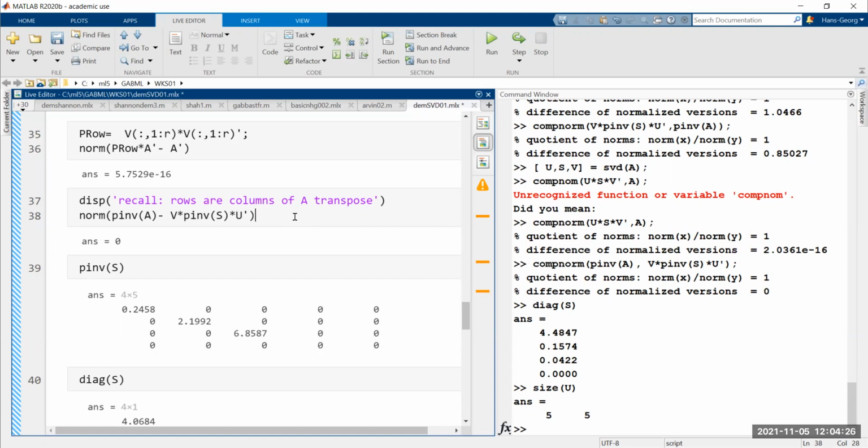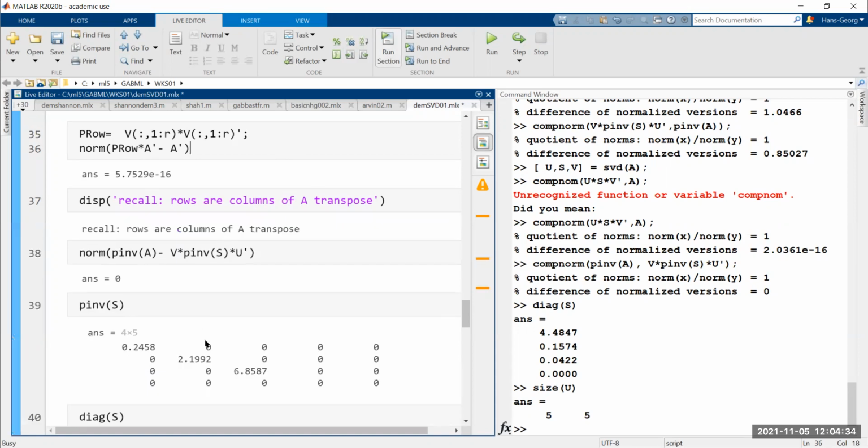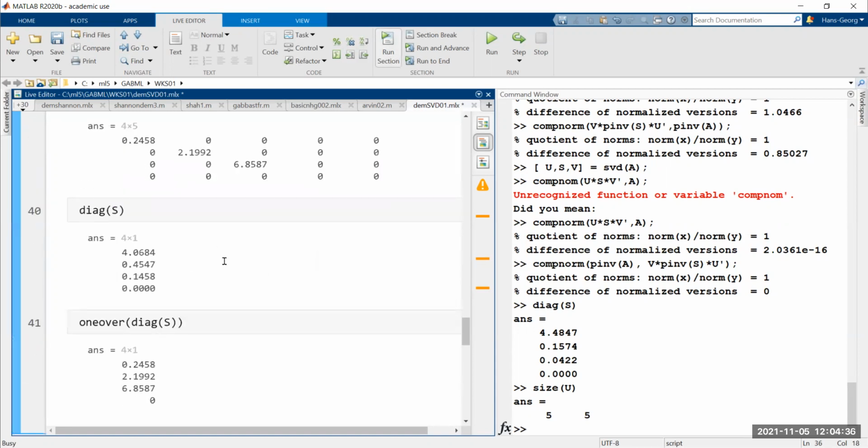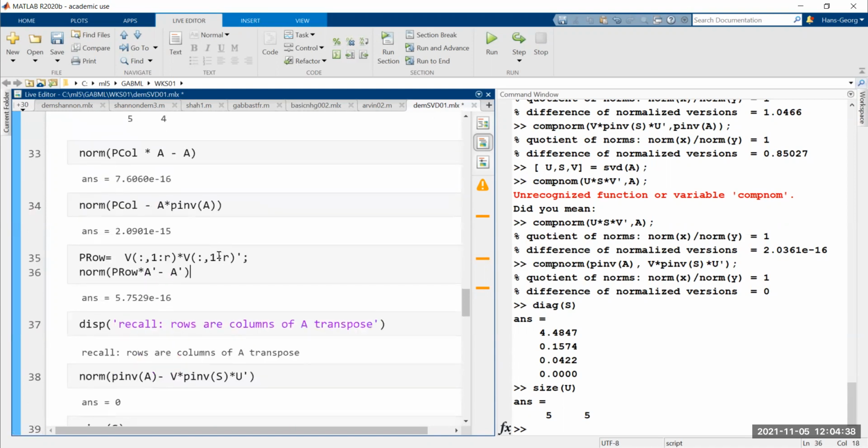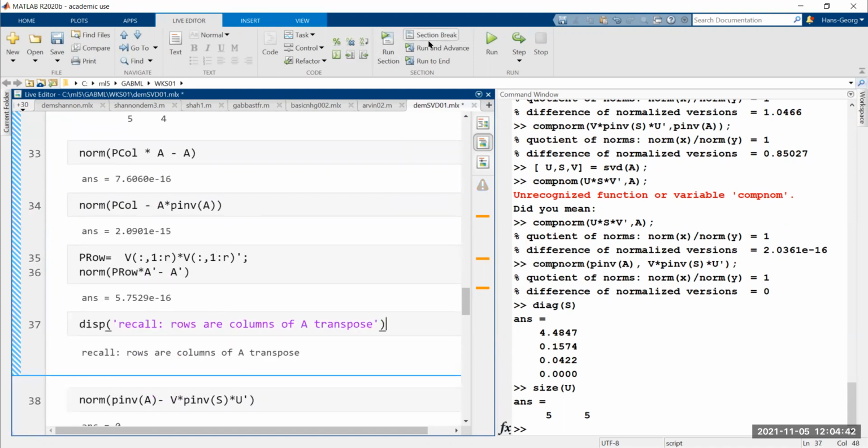So if it would be reflection along the XY plane, maybe I'm just doing it spontaneously. Let me do a new section.